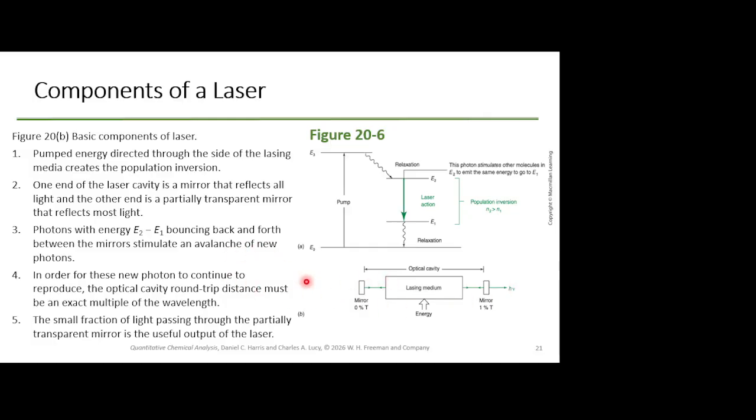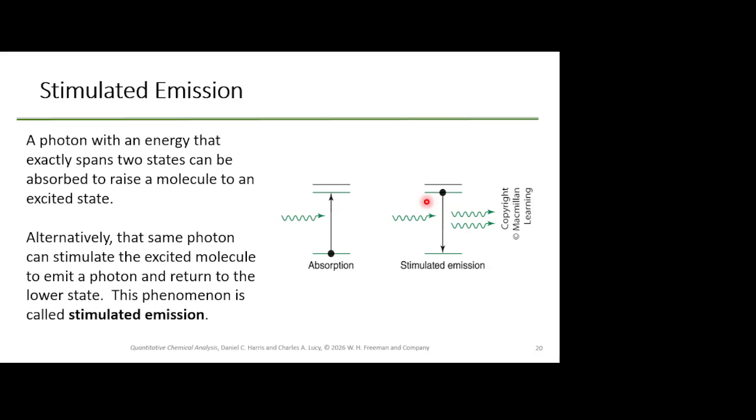The photon's energy of E2 to E1 bouncing back and forth between the mirrors is going to stimulate that avalanche of new photons. And so that's what's doing this effect here, is you're continuously boosting ones up, right? Using that pump. So you're boosting stuff up into this state. It's falling down then to here. And then when you pass the light that came off from the previous one, it's going to cause a stimulated emission. Is that making sense?